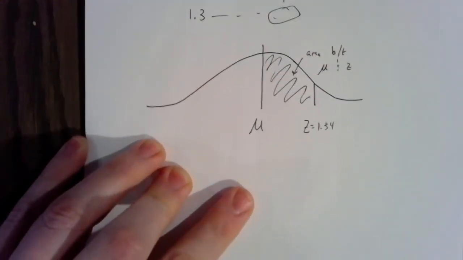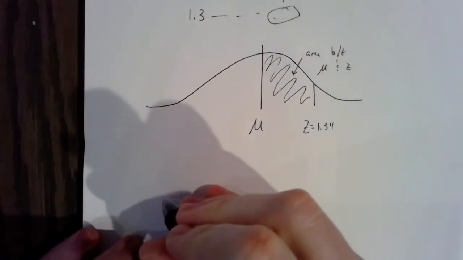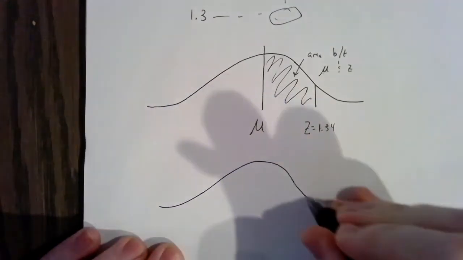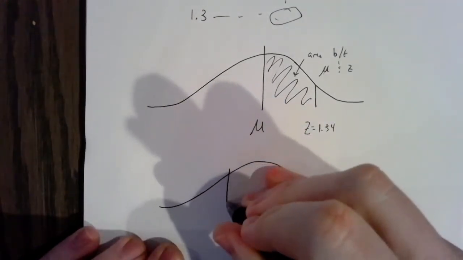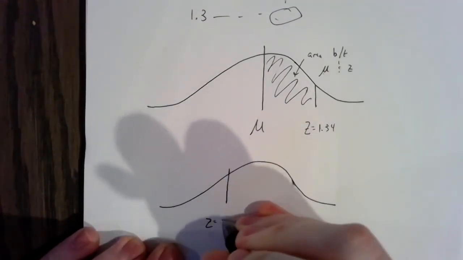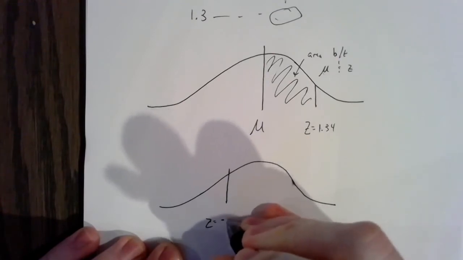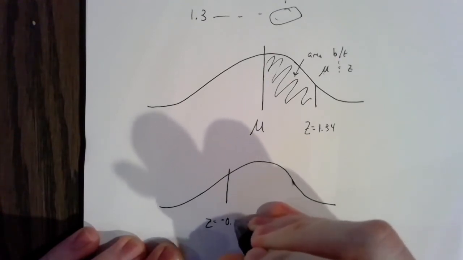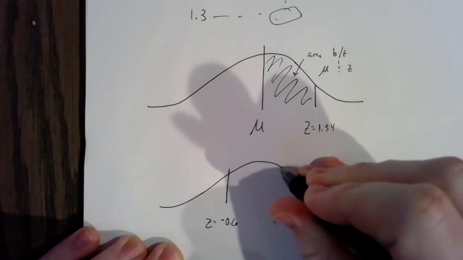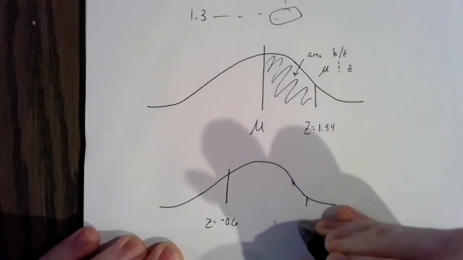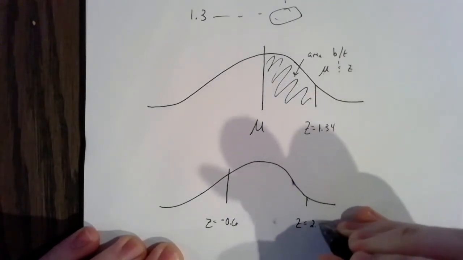Now, if I want the area between two z-scores, conceptually the same thing happens. Maybe I've got z equals negative 0.6, and then z equals 2.1.